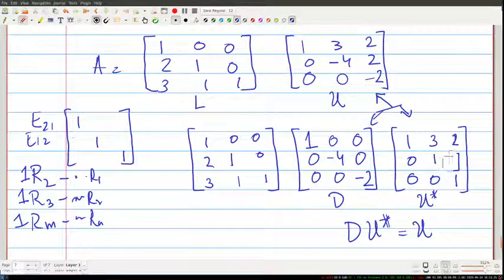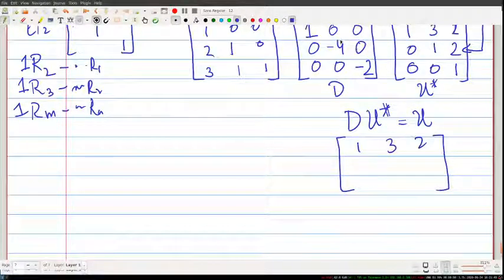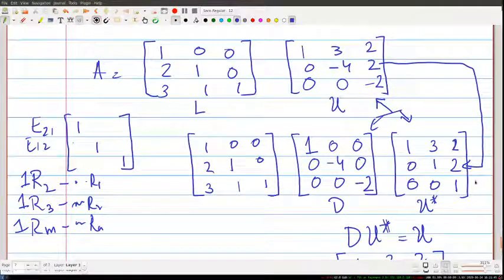Because if I just keep this as 2, let's see what happens. If I just plug this entry in here, that won't give me the right result, because the resultant matrix that I will get is 1, 3, 2, and this one takes 0, this one becomes minus 4, which is correct. That's the entry that I wanted.